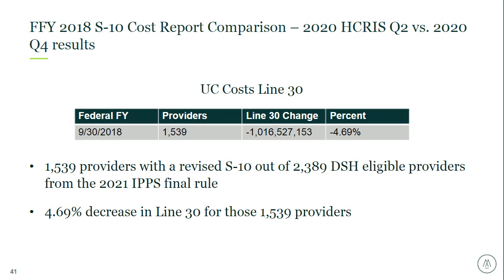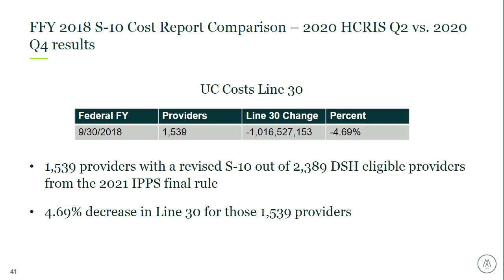We set our criteria on all hospitals that are projected to qualify for UC reimbursement based on the 2021 rule. We know that every DISH eligible provider plus sole community hospitals were audited during this last audit cycle. You can see on the slide we're showing 1,539 providers with revised S-10 amounts loaded into HCRIS during the second half of 2020.